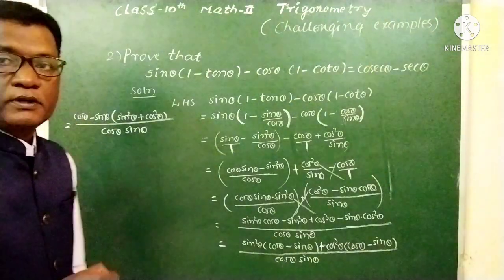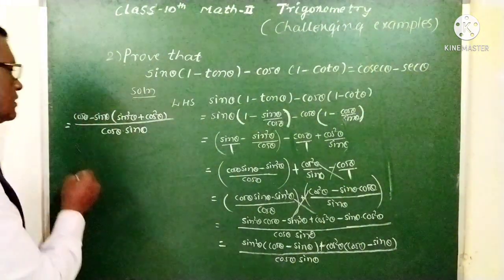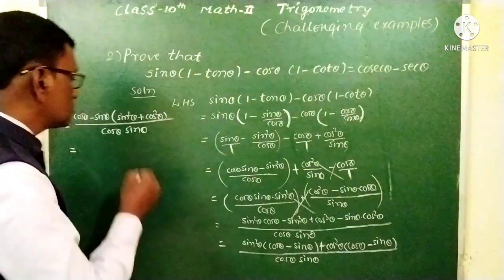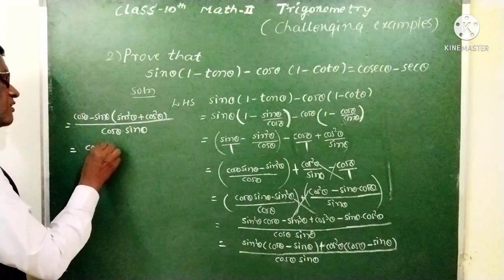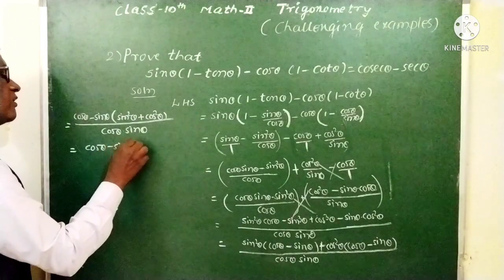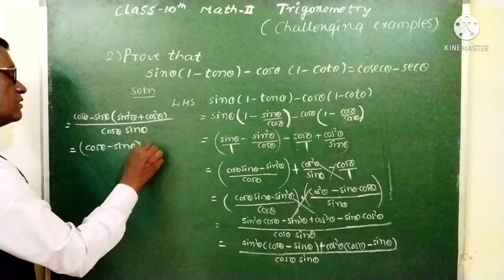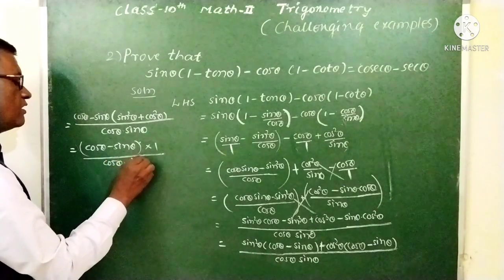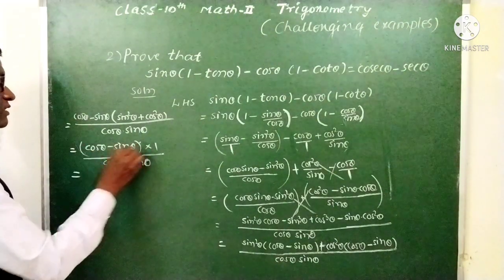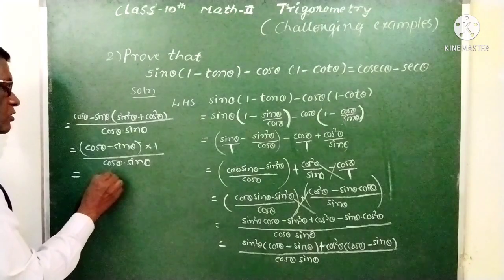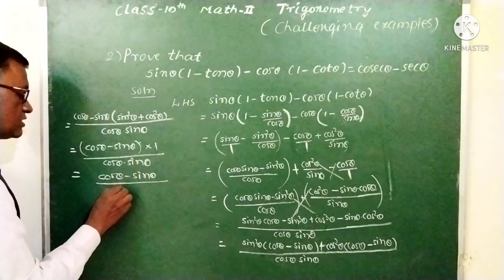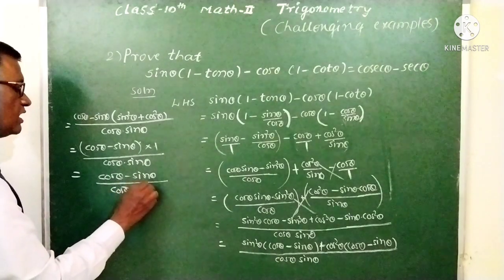We know the identity sin square theta plus cos square theta equal to 1. So cos theta minus sin theta into 1 upon cos theta into sin theta. So here is 1 into this, which is equal to cos theta minus sin theta upon cos theta into sin theta.